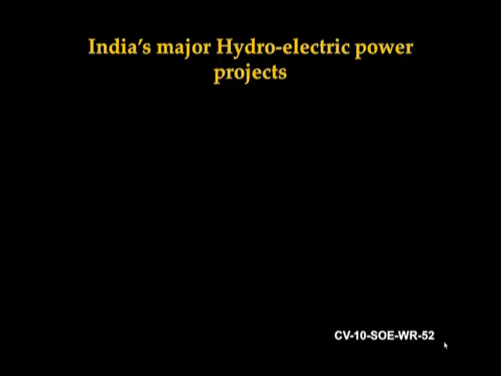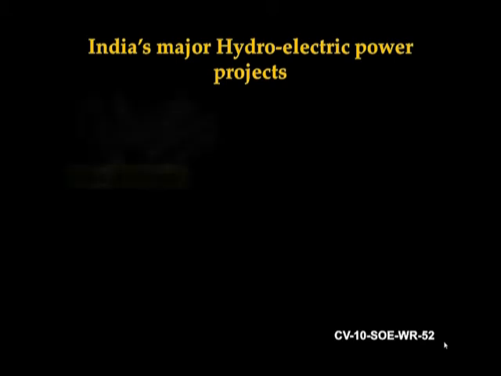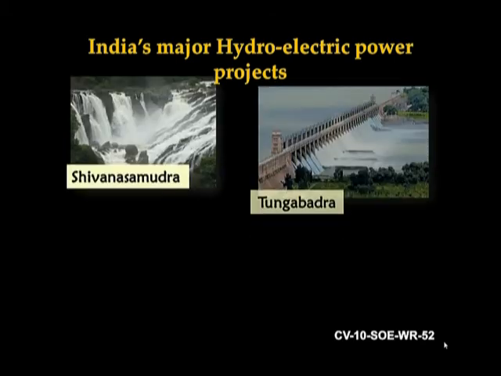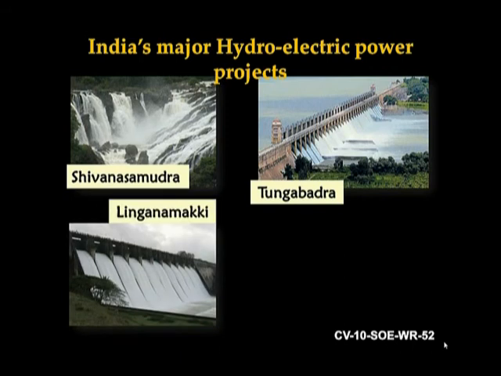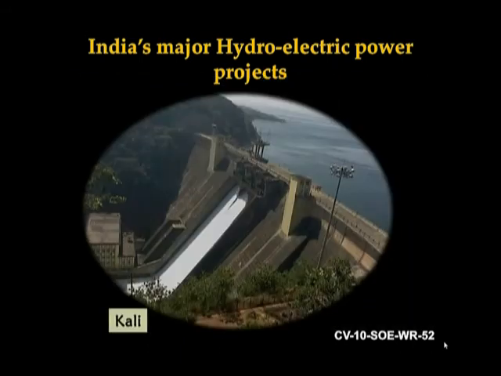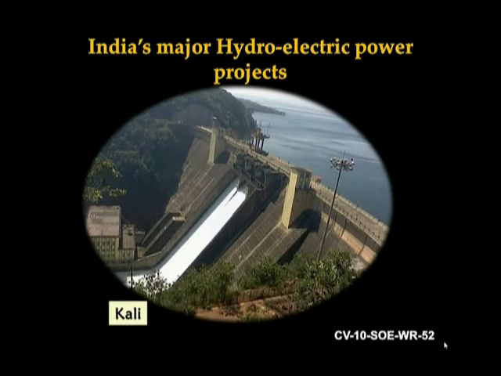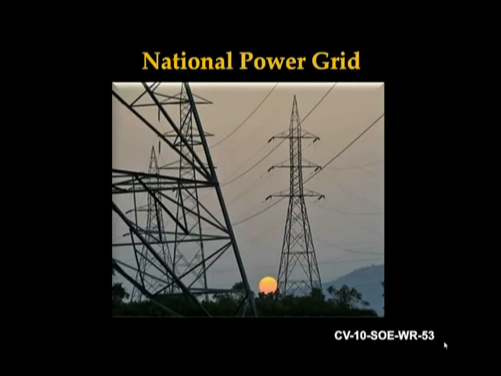Following are the important hydroelectric power generation centers in different parts of Karnataka. In Karnataka, Shivanasamudra, Tungabhadra, Linganamakki, Alamatti, Kali and Supa dam are some of the hydroelectric power generation centers in different parts of Karnataka.